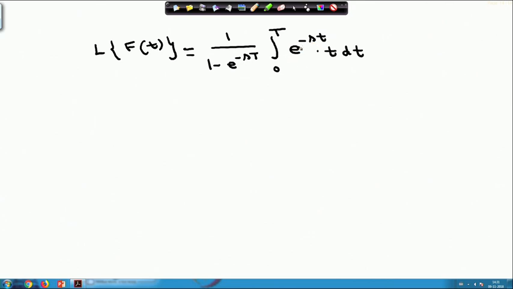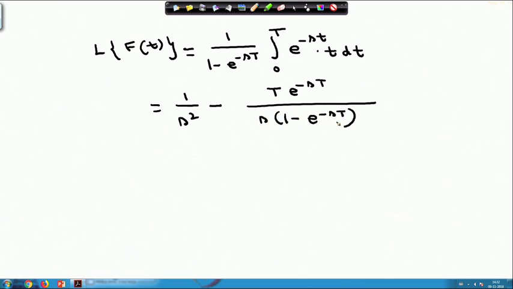You can evaluate the integral very easily with the normal process, that is, using integration by parts. The ultimate result I am writing: this equals 1 by s square minus T e power minus s T by s into 1 minus e power minus s T. Please recalculate this on your own, just check whether the value of the integral is proper or not.